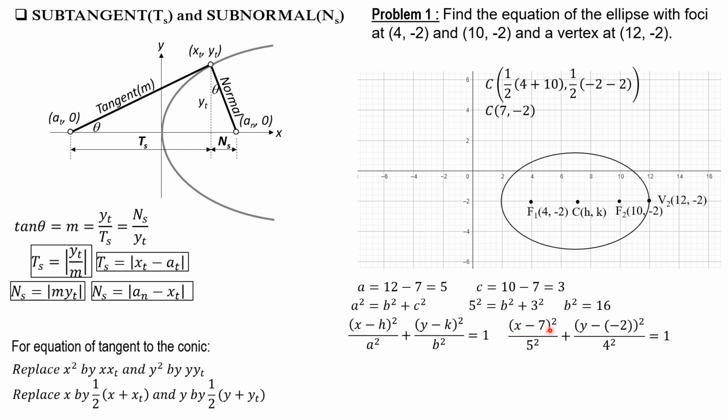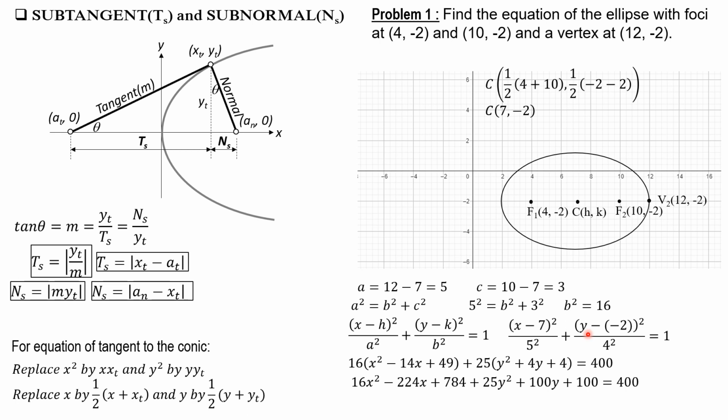So we expand directly. 16 times (x squared minus 14x plus 49) plus 25 times (y squared plus 4y plus 4) equals 400. Distribute: 16x squared minus 224x plus 784 plus 25y squared plus 100y plus 100 equals 400.